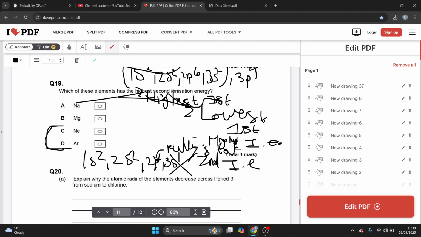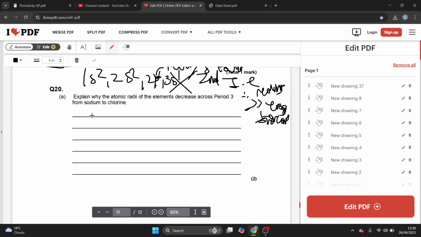Fully stable, therefore it's going to require a really great amount of energy to overcome. I don't know why I did that symbol. I think it means large, but I don't know. Therefore, sodium has the highest second ionization energy.